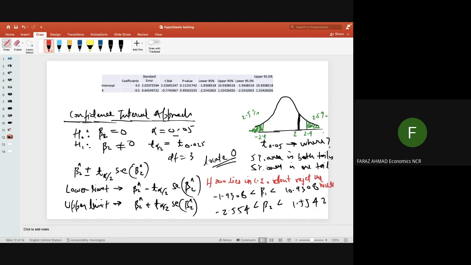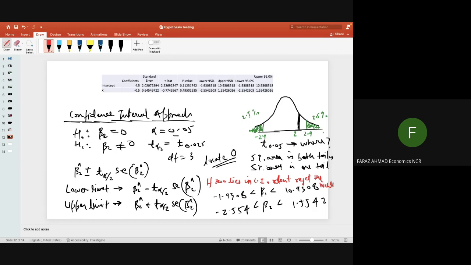So we had a rule that if p value is less than or equal to alpha, reject the null. That was in the test of significance approach. We don't have to look at the confidence interval in that approach. But if we don't have access to the p-value, and we want to take up the second approach, the confidence interval approach, you can make your decision using that also, right?